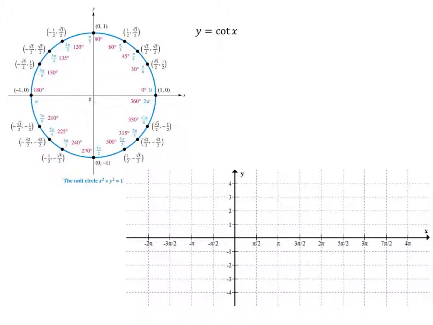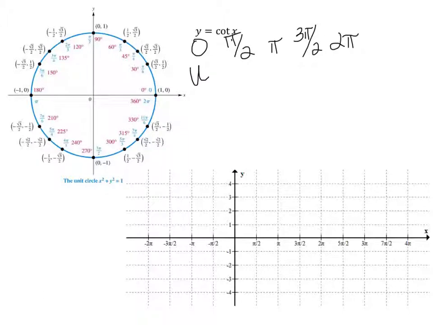We'll take a look at cotangent in the same way, from 0 to 2 pi. Now we'll remember that cotangent is x over y. So at 0 radians, it's 1 over 0. So that's where it's undefined.